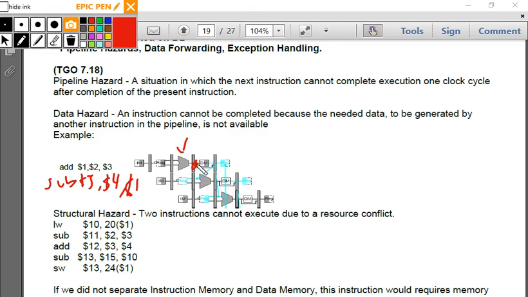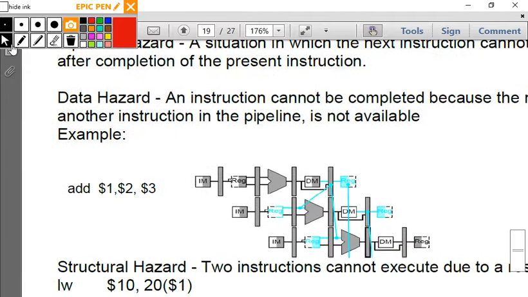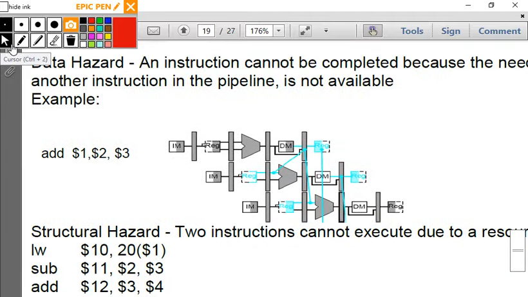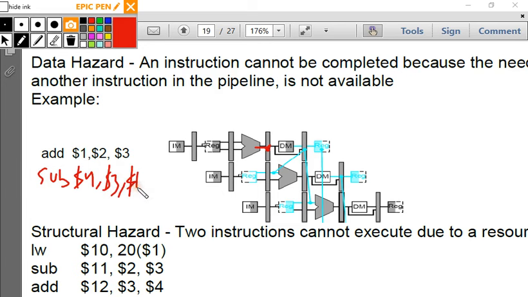I'm going to zoom in really quick so you can see precisely what I'm talking about. So the value of register 1 is calculated and put here, right? But if we then have sub 4, 3, 1, that means I need this value of 1 from the registers.